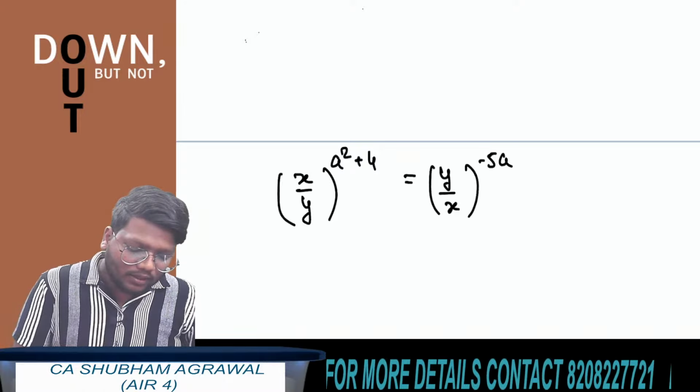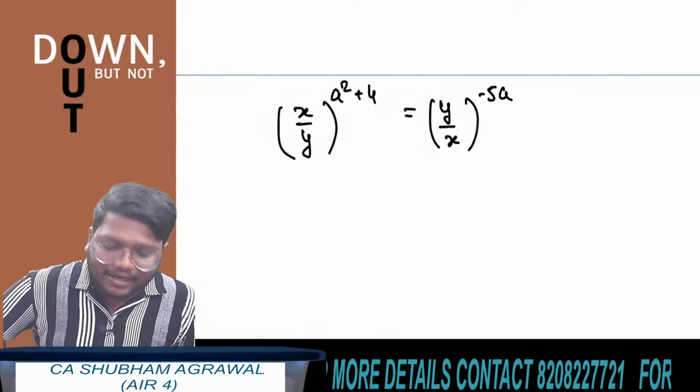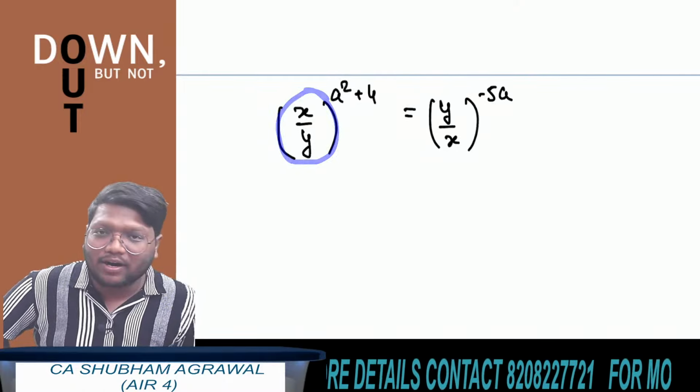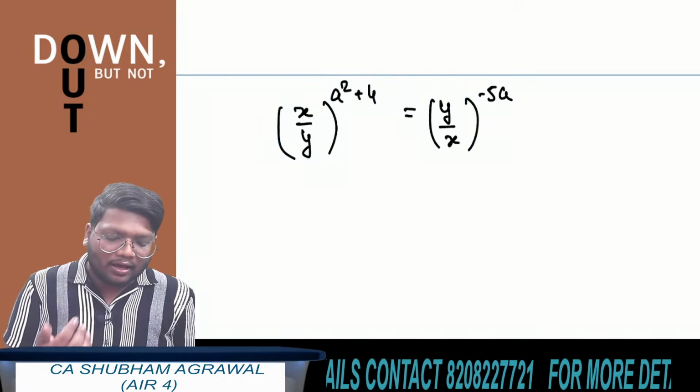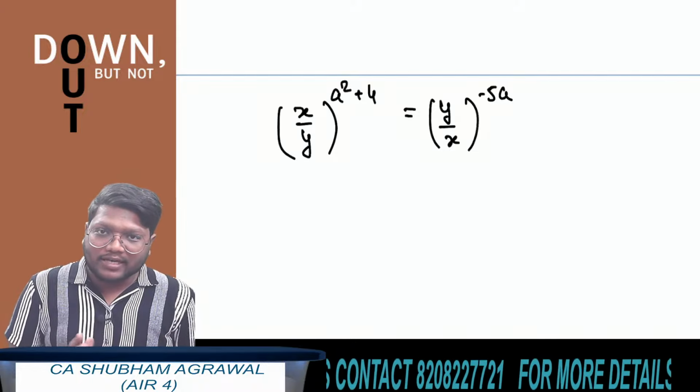Now you can see that the base on the left hand side is x by y, and the base on the right hand side is y by x. We have to make the base the same on both sides of the equation.